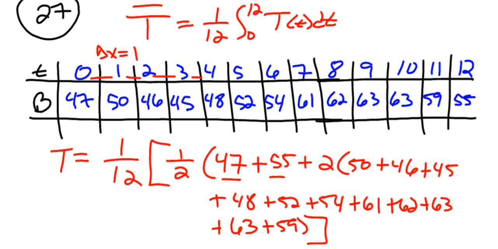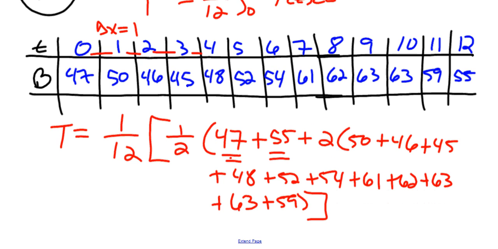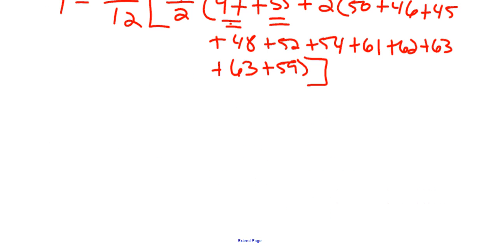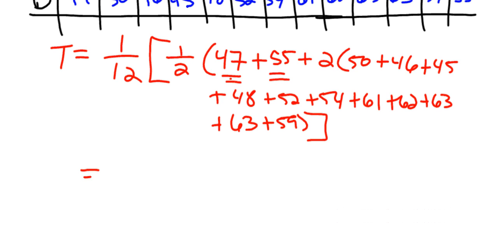Now, if you notice, we could have just divided this one by half, this one by half, and then not have to worry about 2 times the rest of the data points. However you want to do it is fine, as long as you remember what you're doing. So when you calculate all this up, obviously order of operations, I'm going to do the summation here, divide by half, and then I can divide by 12 again.